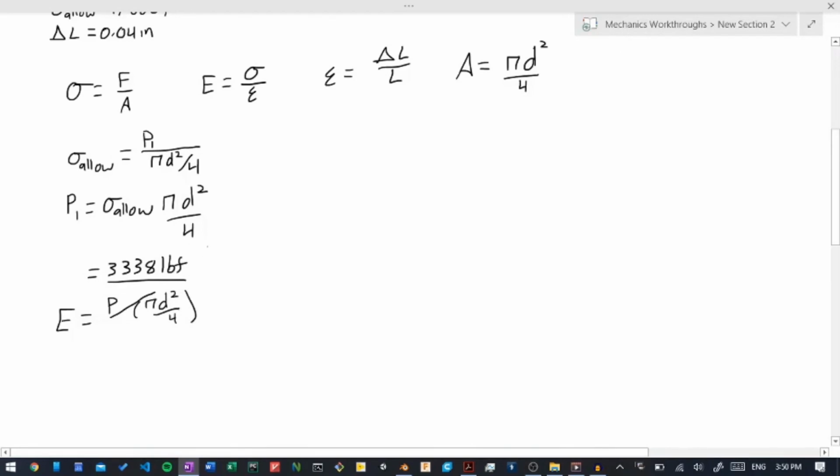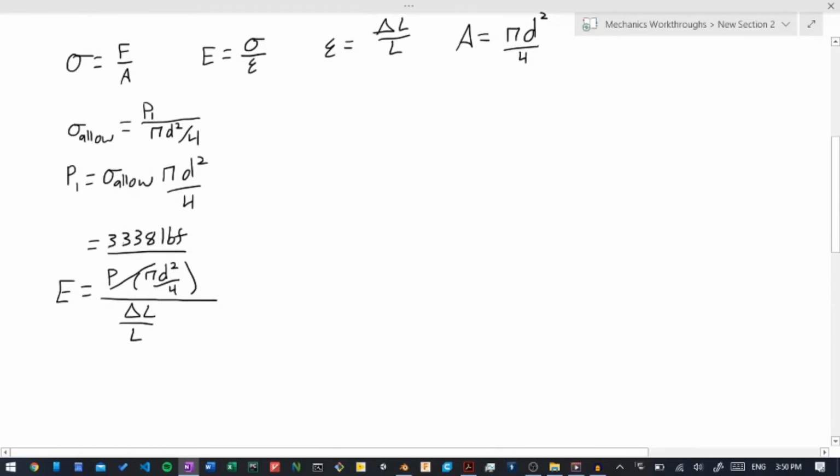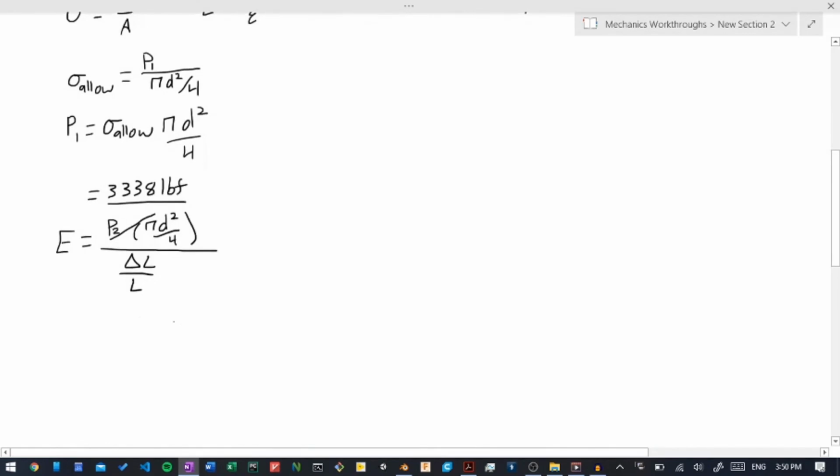So we're replacing sigma with all of this. And then this is going to be over our strain, which is delta L over L. And so this P here is our second P that we're trying to find. And now we rearrange to find P2.